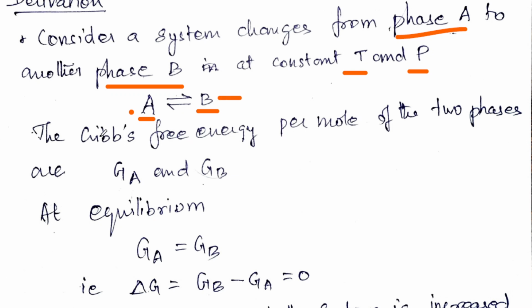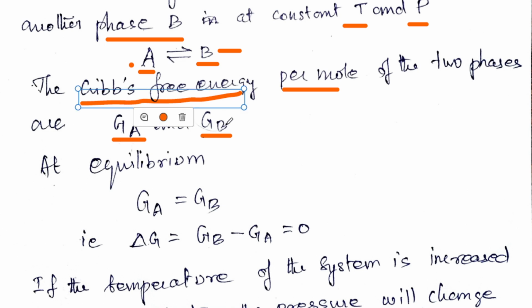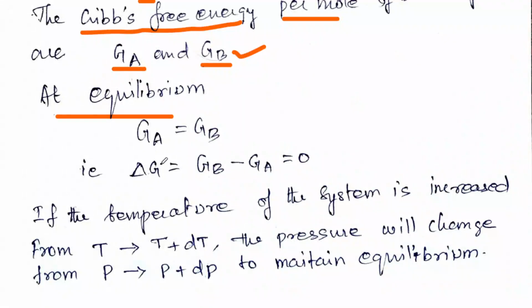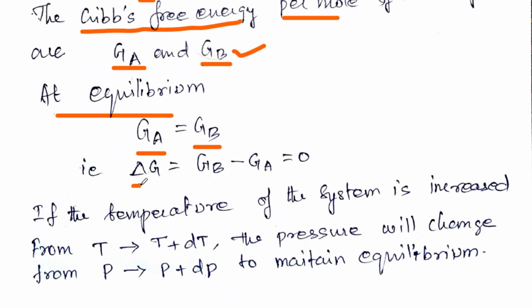The Gibbs free energy per mole of the two phases may be given as Ga and Gb, where Ga is the free energy of phase A and Gb is the free energy of phase B. At equilibrium, Ga and Gb will be equal. That is, delta G, the change in free energy, Gb minus Ga, is equal to 0.